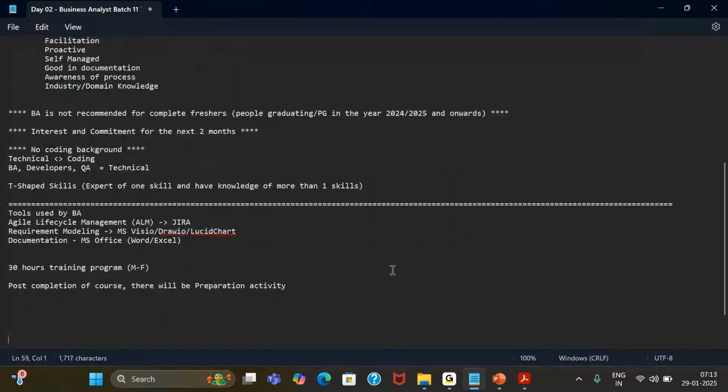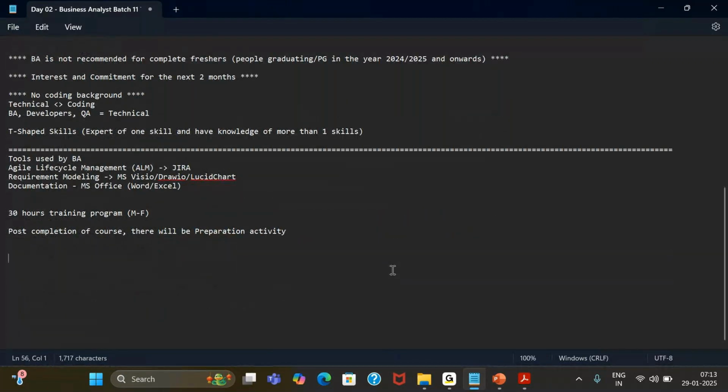So what we are basically going to do as part of preparation activity is spend time on preparing a resume for you. Therein we will discuss the different key aspects of writing down your resume, and some of the keywords and responsibilities that you should be putting down in your resume.